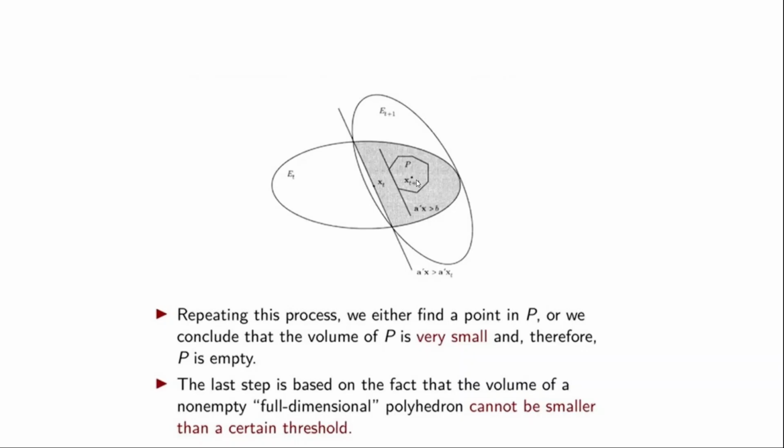If that happens, we have proven that the polyhedron P is empty, and if before the volume of the ellipsoid passes the threshold, we have found any center point xt of the ellipsoid that lies inside the polyhedron, we have proven that the polyhedron is non-empty.